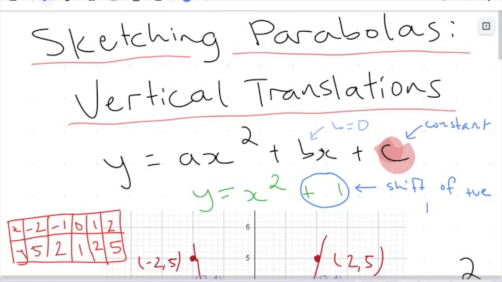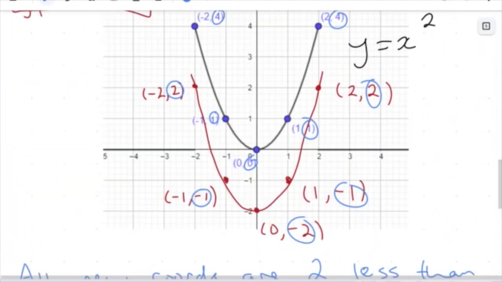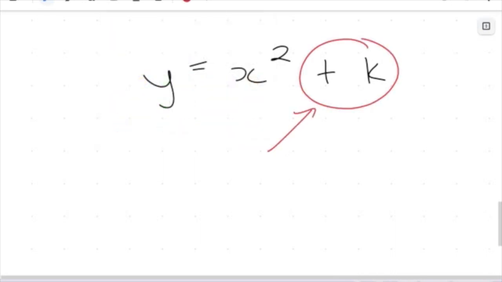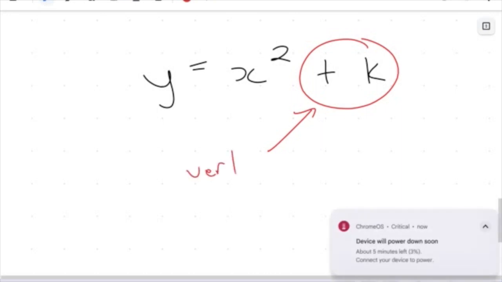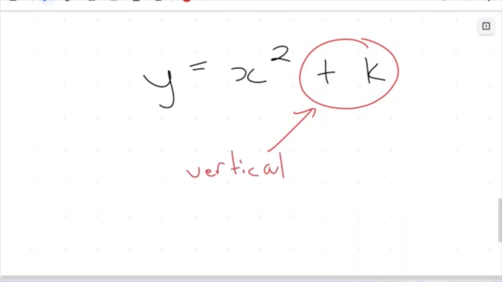Now, just to summarize this, when I have my parabolas in the form of y equals x squared plus any constant, let's just call it k, this is what they call it in the textbooks, my constant here tells us my vertical shift.